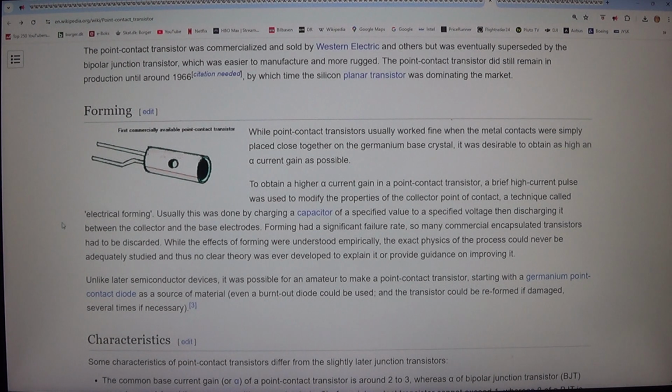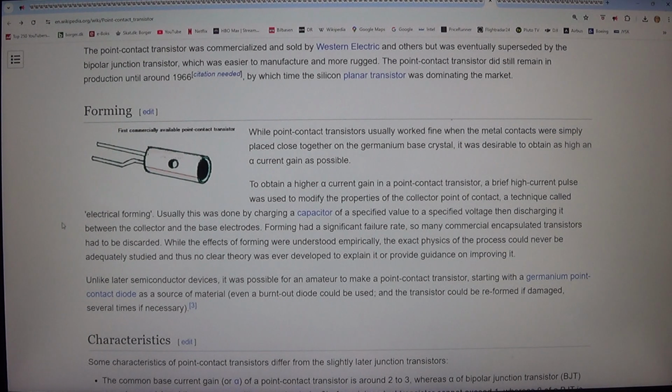Usually this was done by charging a capacitor of a specified value to a specified voltage, then discharging it between the collector and the base electrodes. Forming had a significant failure rate, so many commercial encapsulated transistors had to be discarded.